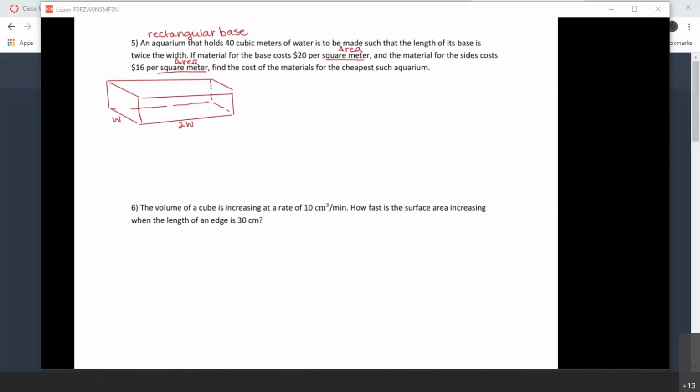Now, cubic meters is a volume measurement, right? We're missing one of the dimensions of the aquarium. Which dimension are we missing, folks?